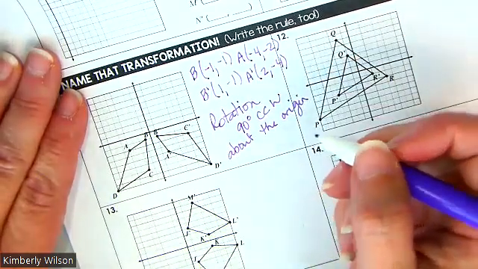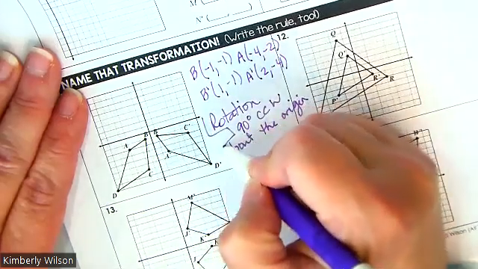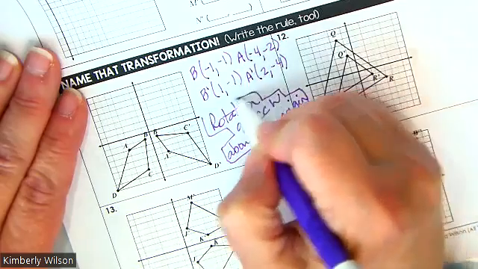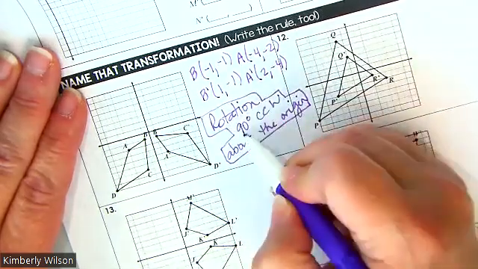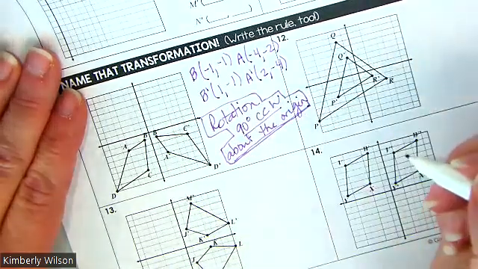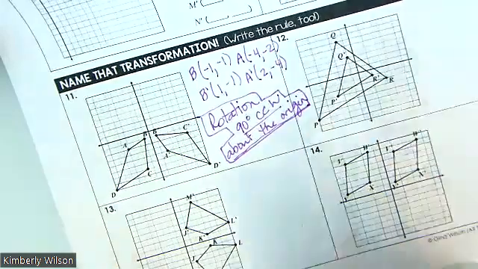The rule for this is just this statement, because you're telling me this is the transformation and then this is your rule. Okay, have a great day.